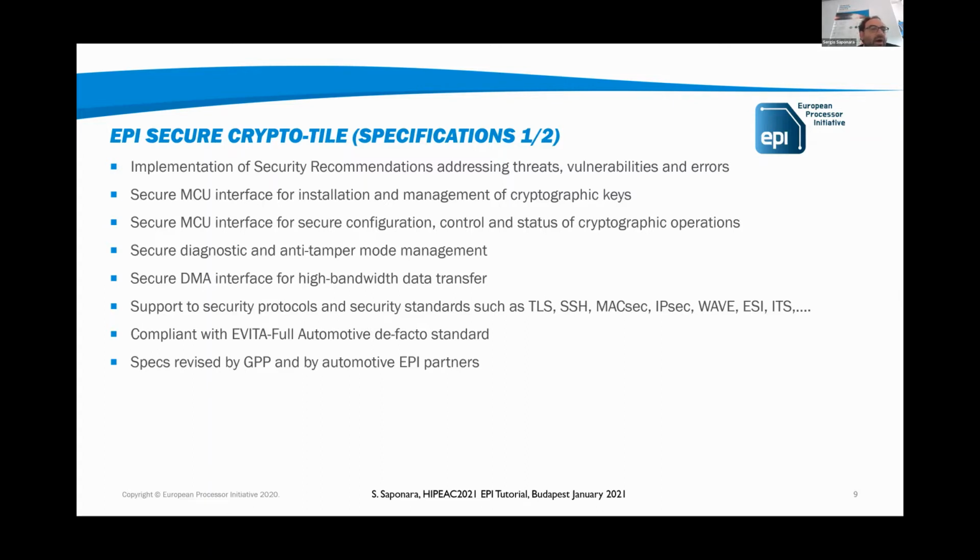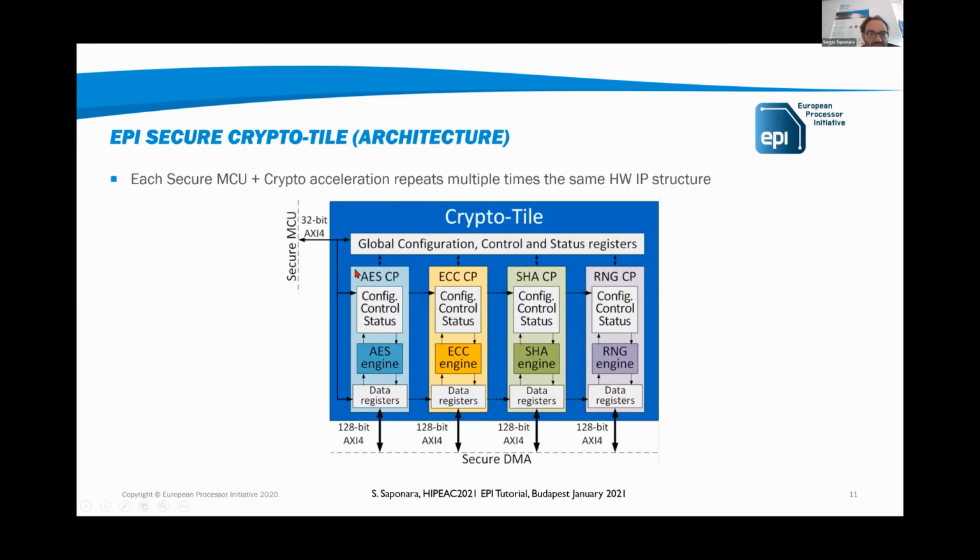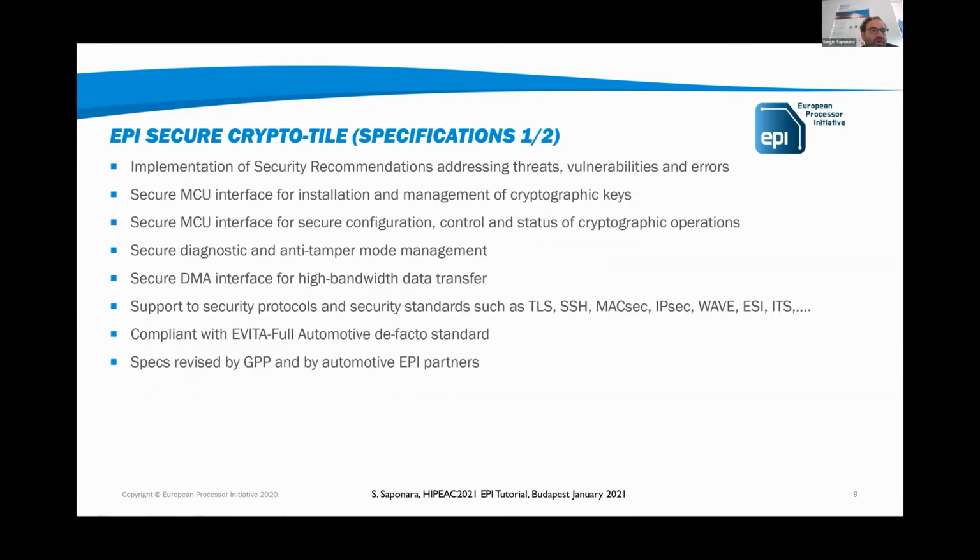Then obviously there are some specific solutions, since each engine internally, as we will see, has dedicated registers and dedicated parts for configuration and control, for secure management and installation of the keys, for secure configuration of the IP, and for continuous control and cryptographic operation.